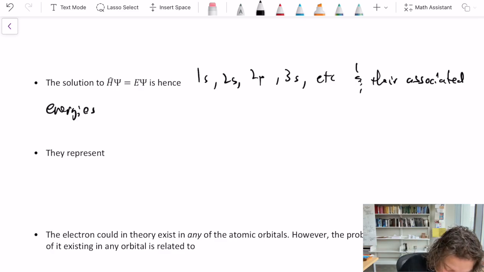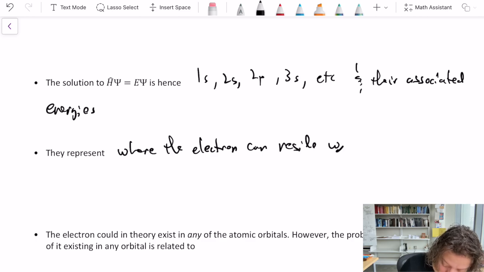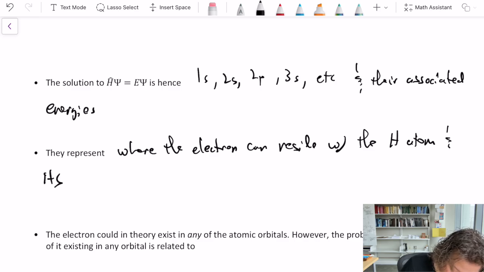They represent where the electron can reside within the hydrogen atom and its associated energy levels.